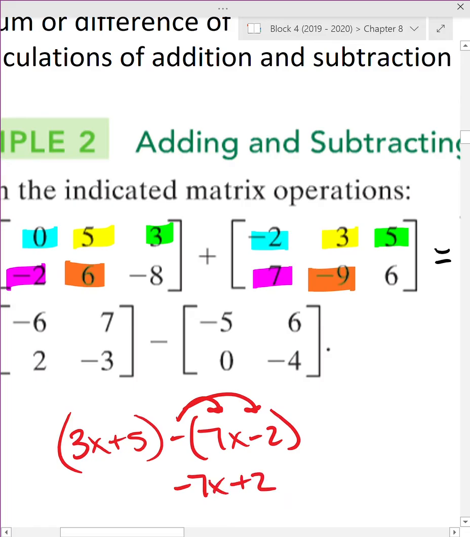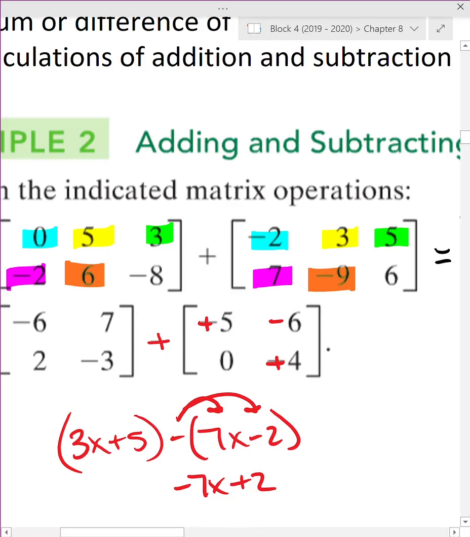And then you combine your like terms. So what I want you to do, that same concept, I want you to take this minus and make it plus and switch all the signs inside. Now you don't have to switch the sign of 0 because 0 positive or negative, it's still the same. 0 is neutral. So just make sure you switch all the signs with it. I would suggest doing that in another color, or you could circle and then change it up top.